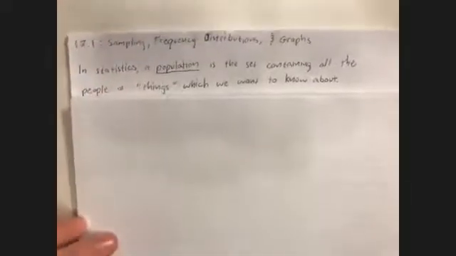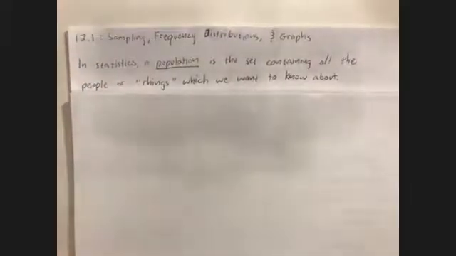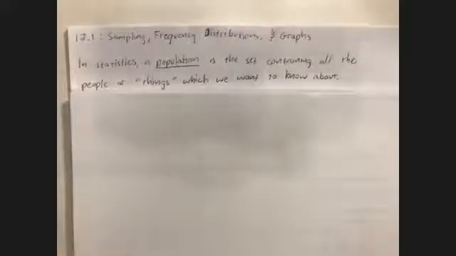So we'll start with a couple of definitions. The first thing we have to discuss is what we mean by a population. So I say in statistics, a population is going to be all the possible things. So if I wanted to get a survey about a certain thing about students on campus, then I might ask all the students.